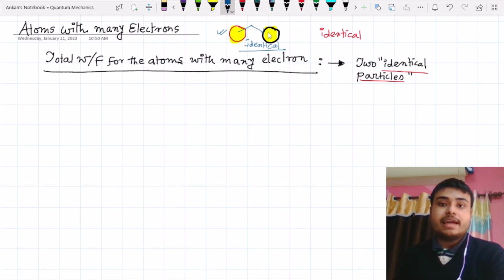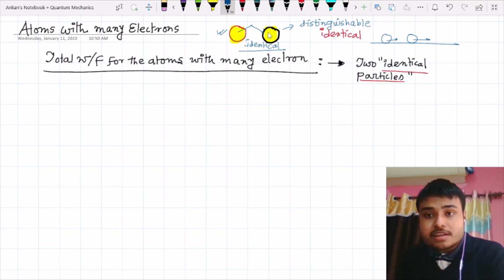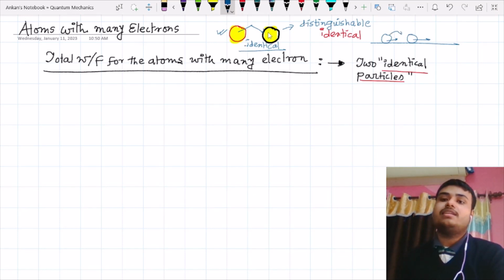Although they are identical, they can be distinguishable. There is a huge difference between the two words identical and distinguishable. Why are these distinguishable? Because when the two balls are allowed to roll on a plane, by observing their trajectory we can identify which ball is 1 and which ball is 2.